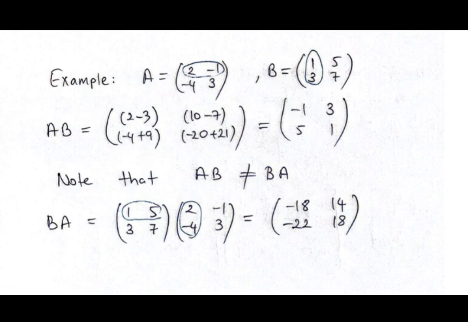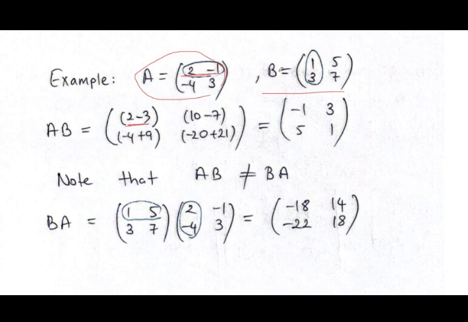Let's look at an example. Suppose I'm given matrix A, and I want to multiply this with my matrix B. Both of them are 2 by 2, so there is no problem in terms of the dimensions. If you do that, you will multiply the first row with the first column. So 2 times 1 and minus 1 times 3, so you get 2 minus 3.